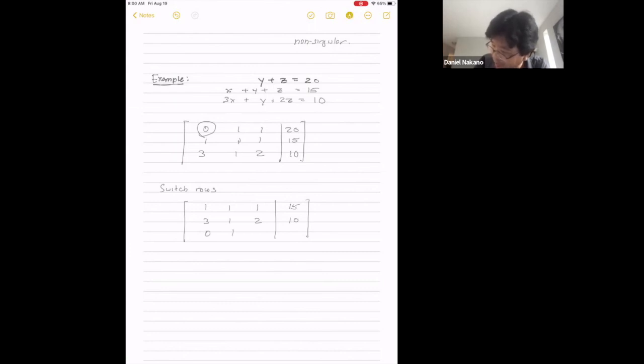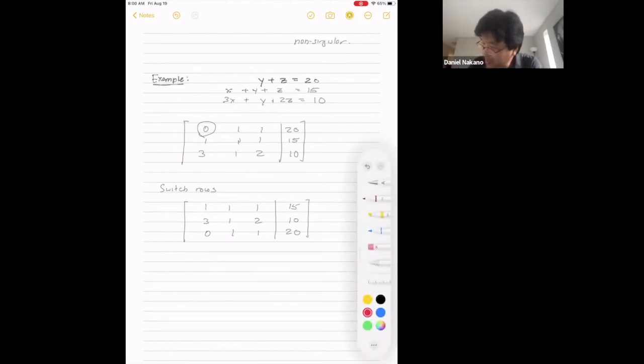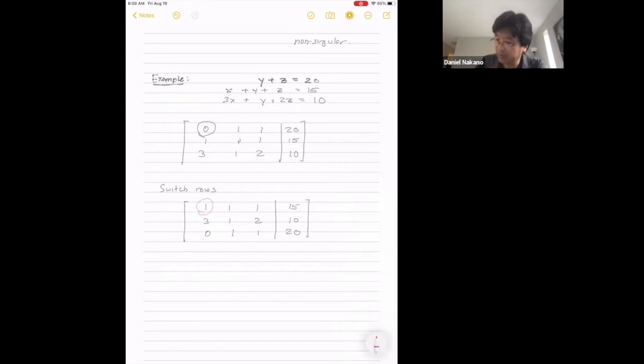So let's just do that. Okay, so this system of equations is the same as the one we started with. We just switched the order of the equations. Now we're in good shape, because we can use this thing here as a pivot.